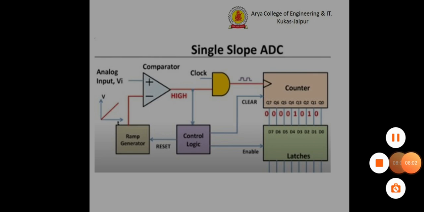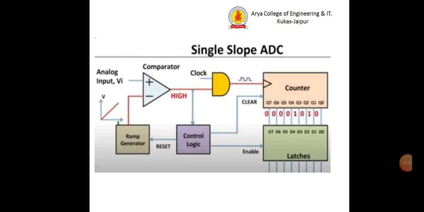Now let's look at the working of the single slope A to D converter. As the analog input is given to the circuit, the ramp starts generating the ramp signal, and till the time the applied input is greater than the ramp, the comparator is going to give a high, which is fed inside a clock pulse, and the clock is initiating the counter.